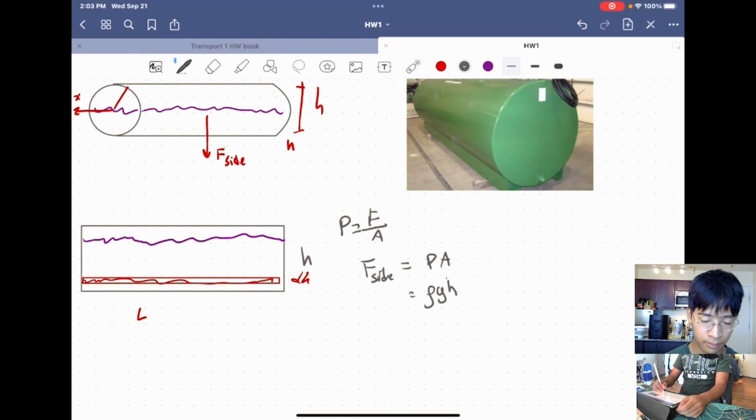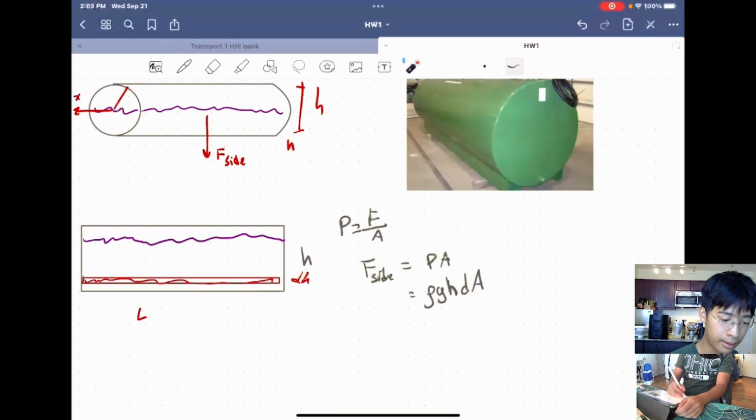Now what? Multiply by some differential area, right? Because we're looking at an infinitesimally small slice of the sidewall, with an infinitesimally small height dH and what? L, the length of our vessel, right?